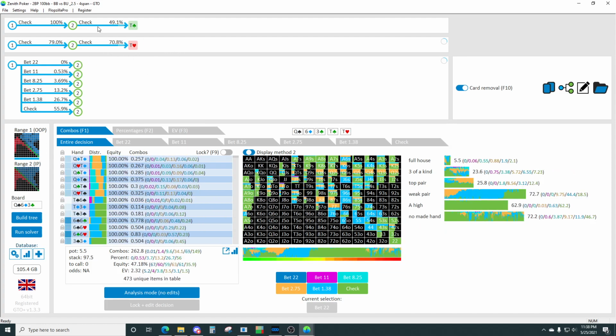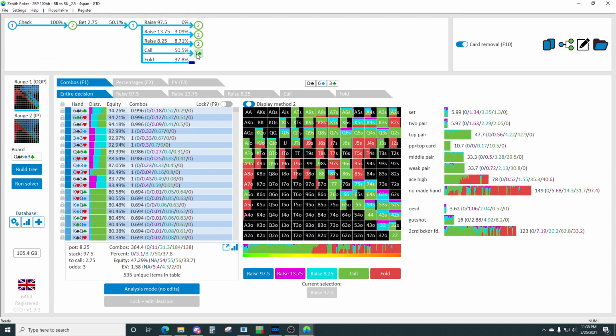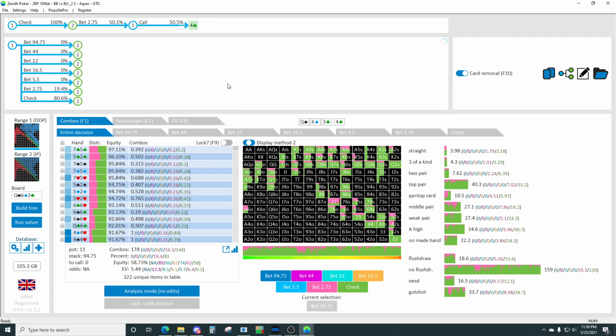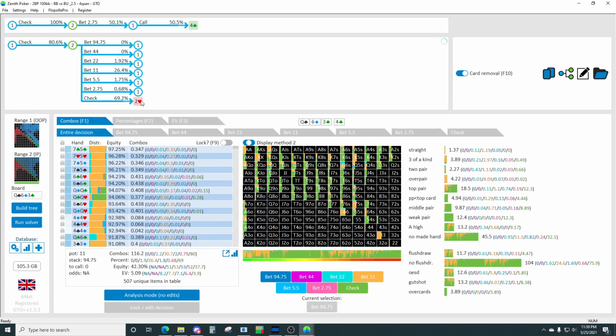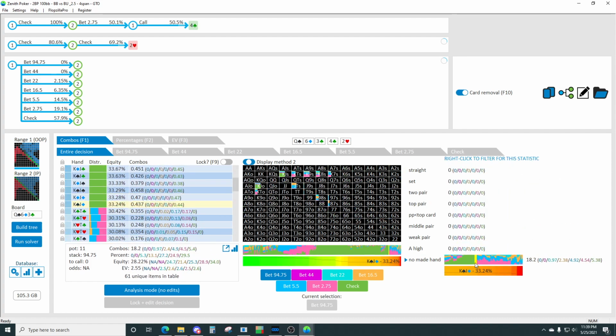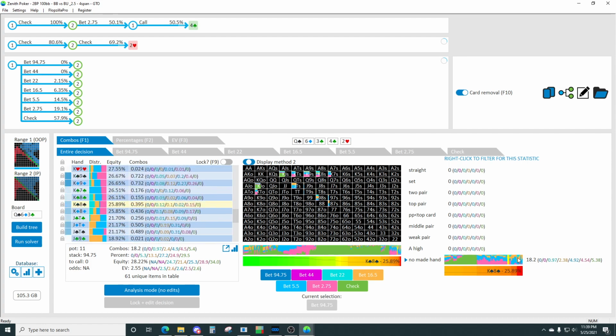Whereas if out of position has a significant equity advantage, let's get a slightly better one. Then it goes check check. You can see out of position's equity is up almost to 65, and it classifies no made hand as king high, but king jack has showdown value, so it's really anything without showdown value that is bluffing.